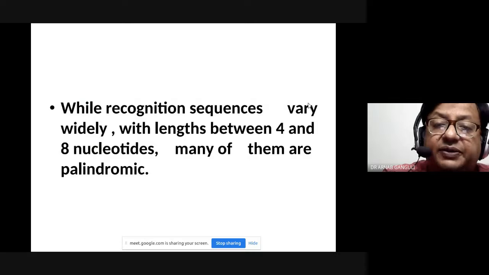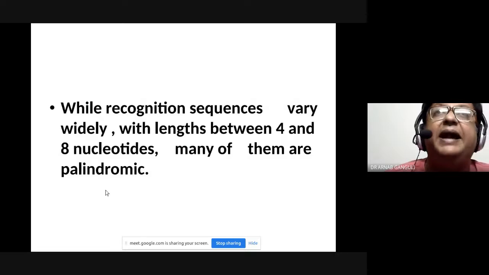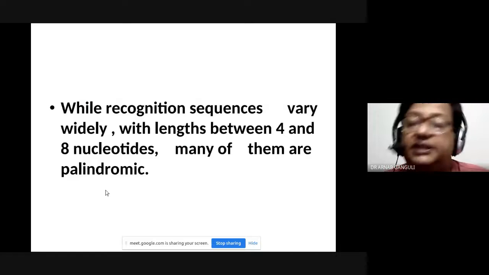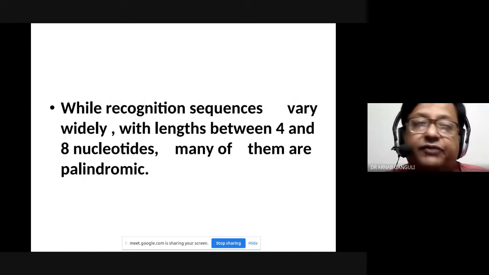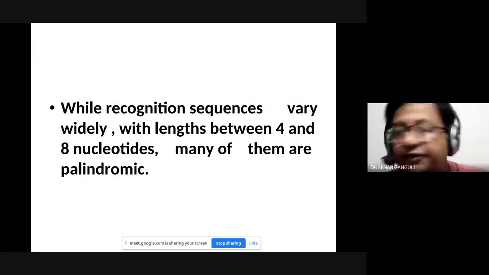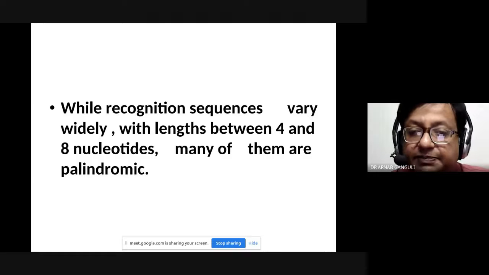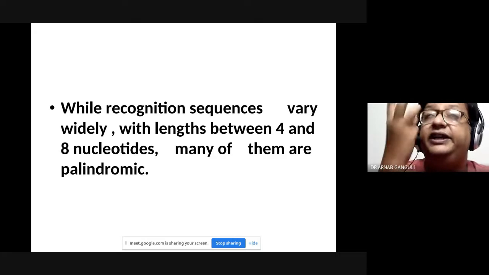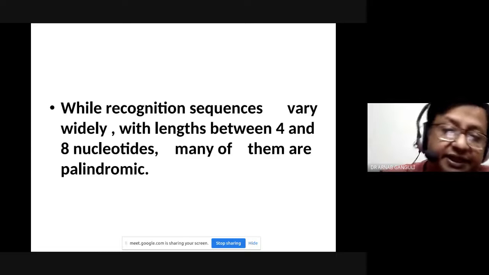While recognition sequences vary widely, the lengths may be between 4 and 8 nucleotides, and many of them are palindromic. Madam is palindromic. Whichever direction you go, you read madam from the front to the end or from the end to the front, it looks the same. That is palindromic. The recognition sequence is 4 to 8 nucleotides, and most of them are 6 nucleotides.